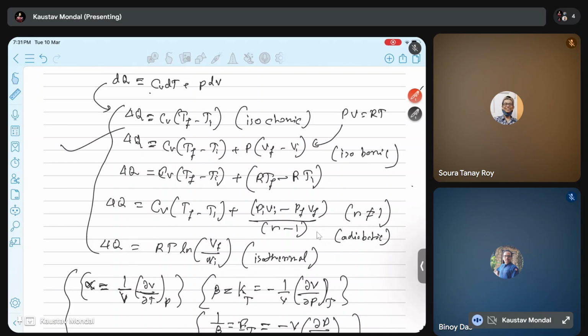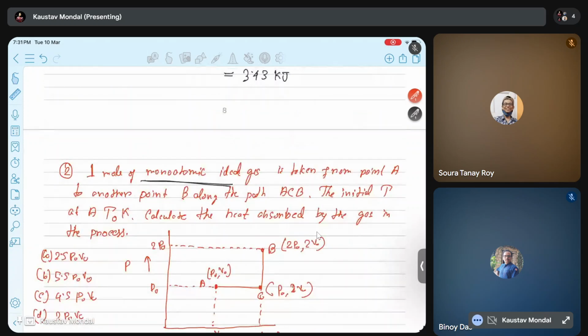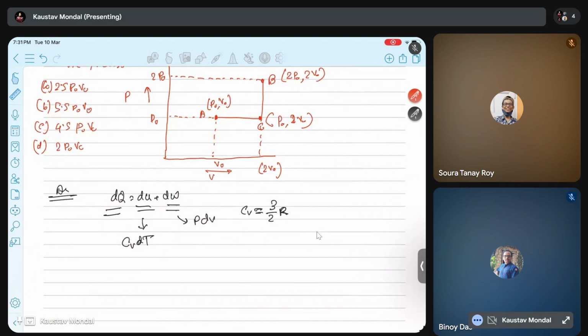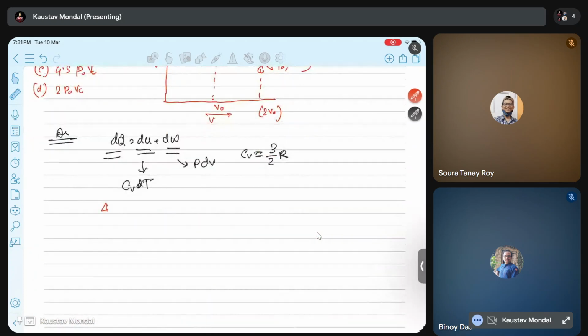So that means you have to use this formula. So delta Q1 would be CV (Tf minus Ti) plus P0 (Vf minus Vi). Okay, the Ti is T0, right?